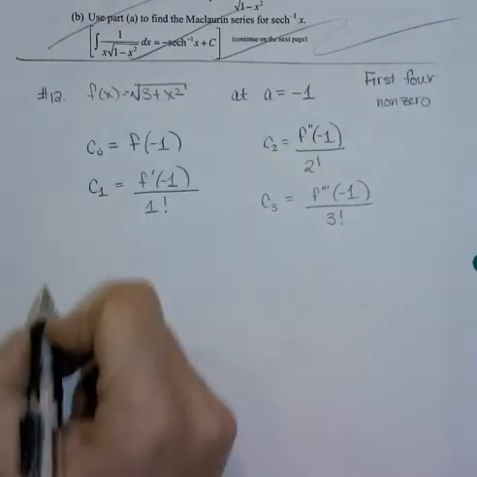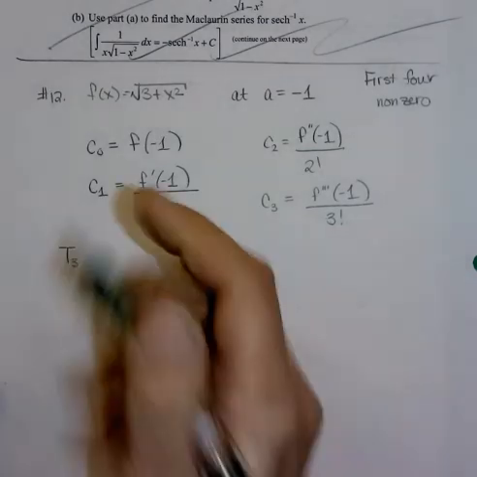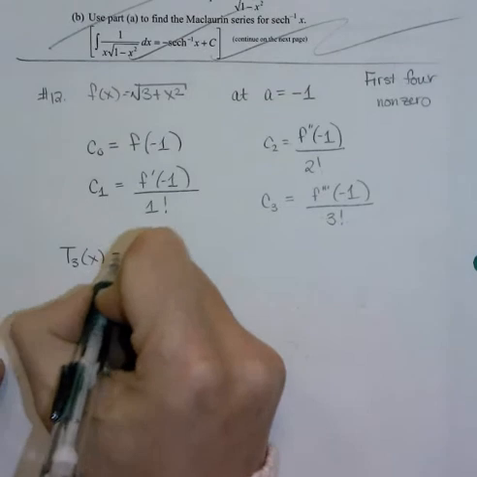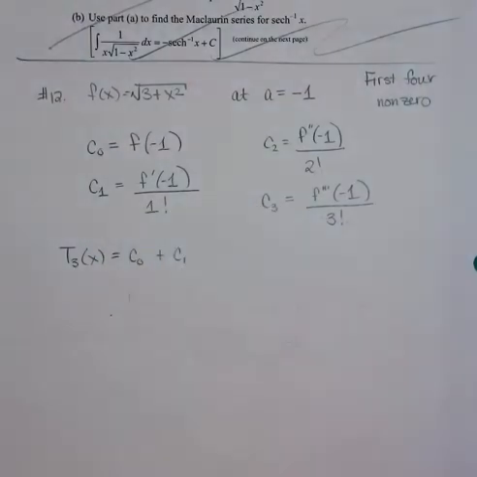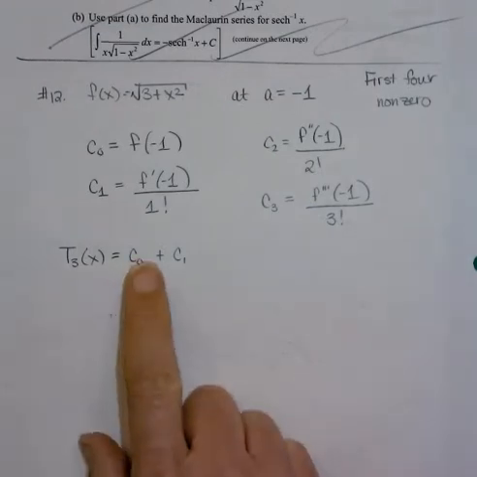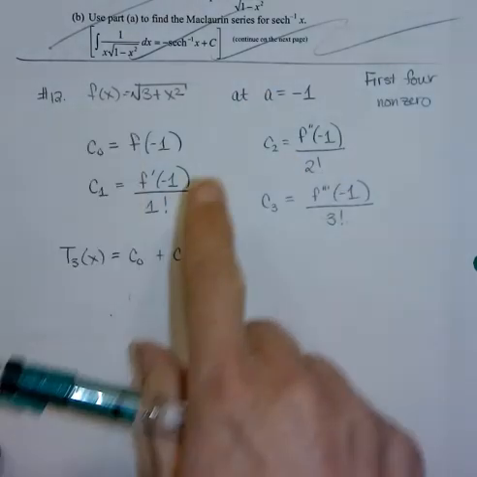And so I think I called it T3 on the Maple project, and I think WebAssign calls it T3 as well, or maybe T2, no, T3. So it would be C0 plus C1. Normally you multiply by powers of x, C0 x to the 0 plus C1 x to the 1. That's if you're centered at 0.